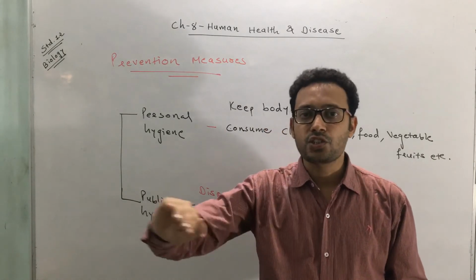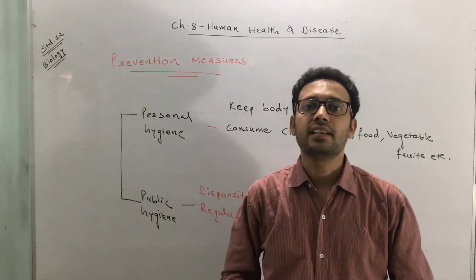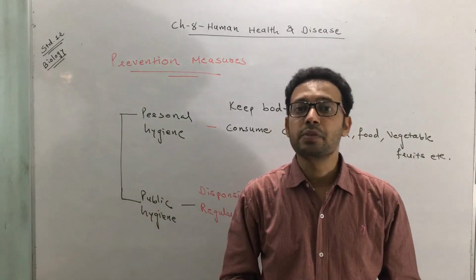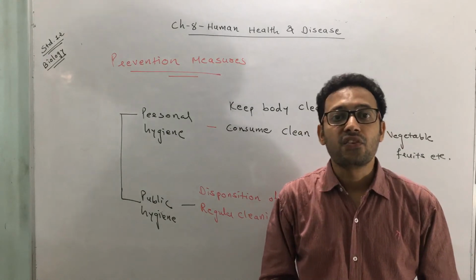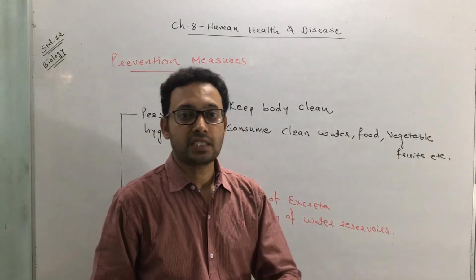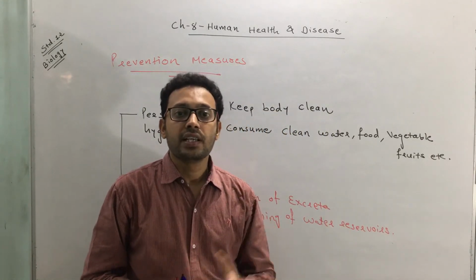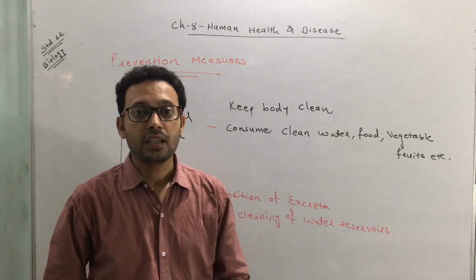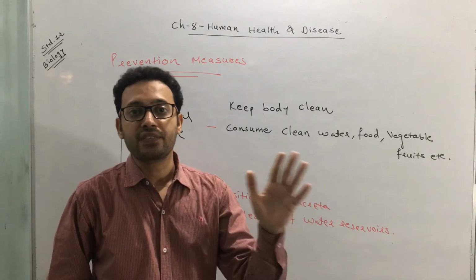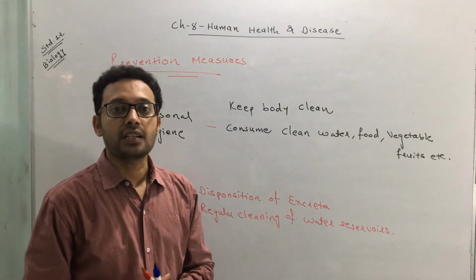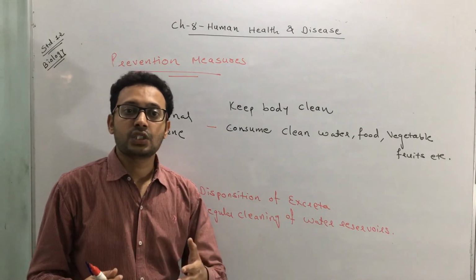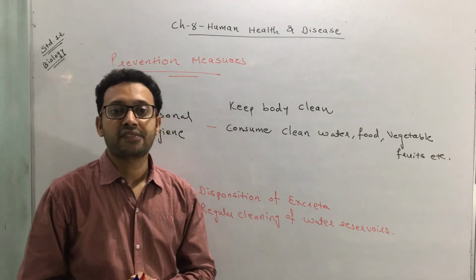Avoid junk food or fast food sold at the roadsides, or open food, because they are unhealthy for the body. Those diseases spread by contaminated water and food can be prevented by consuming clean, fresh food and water. Avoid open food and water, because they are the source of diseases. So that is about diseases transmitted through contaminated food and water.